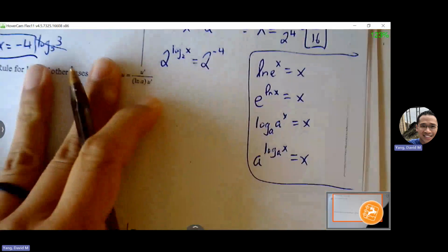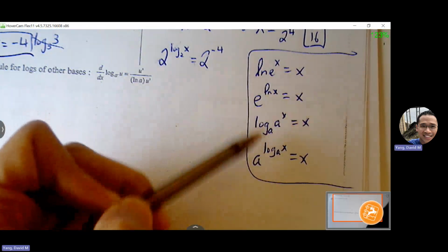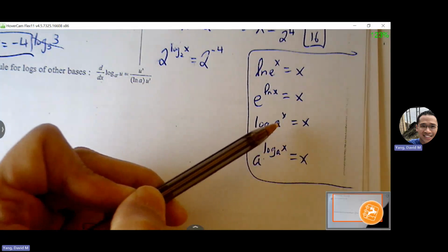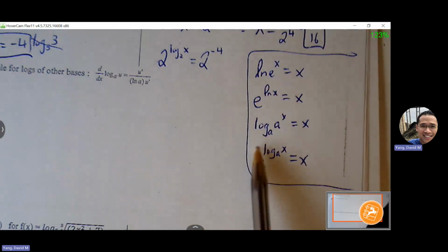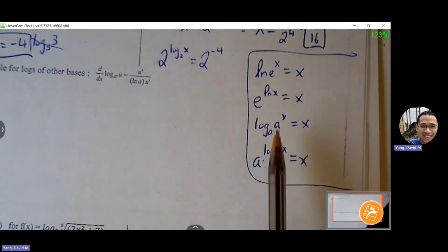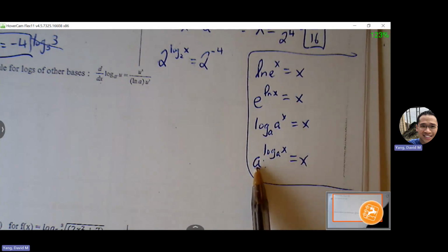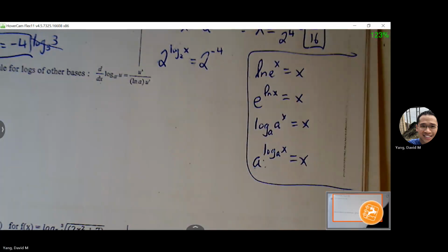These properties extend to logs of other bases and exponentials of other bases as well, right? It doesn't have to be base e. It can be other bases as long as they match. So log base a with an exponential base a, exponential base a with log base a, they're all going to work the same way as base e.